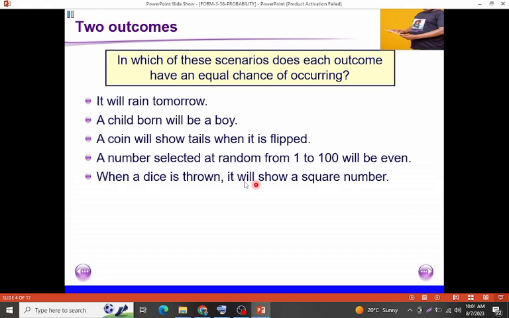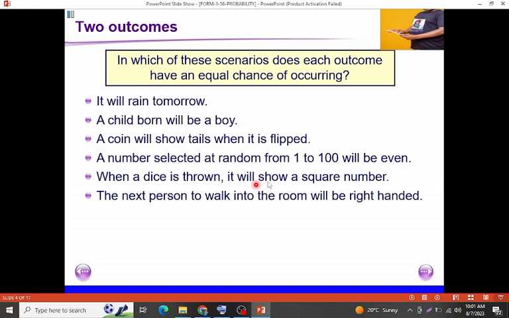Squared numbers are numbers like 4, 9, including 1, because when you square 1, you get a 1. Square 2, you get 4. Square 3, you get 9. Alright, so squared numbers for numbers between 1 and 10 are 1, 4, and 9. Alright, is the probability that it is a square number the same or equal to the probability that it is not? Just count the number of square numbers and the non-squared numbers and check that out.